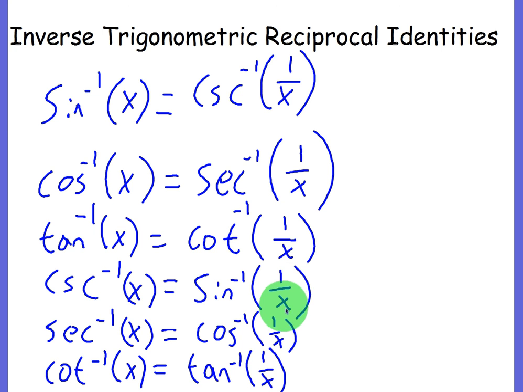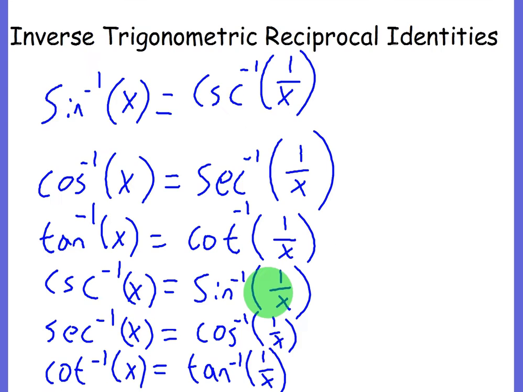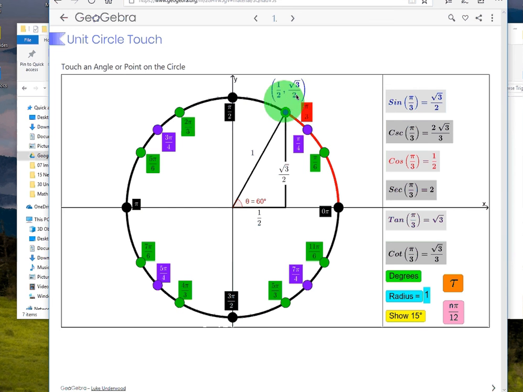You would plug in 2 radical 3 over 3 in for x, simplify, and that would give you square root of 3 over 2. Now you can figure out sine inverse of square root of 3 over 2, because sine is just the y value in unit circles. And then you would say, okay, well, right here already, at 60 degrees, pi over 3, we have the y value of square root of 3 over 2.